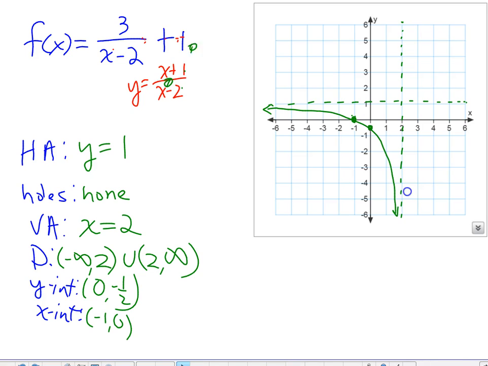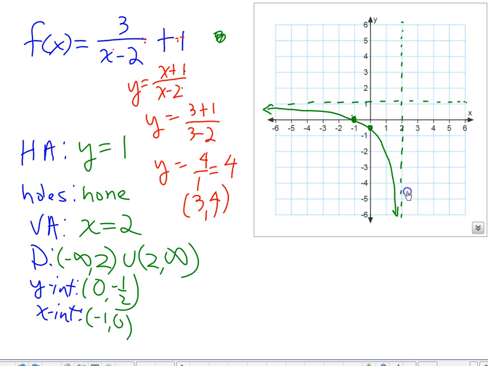Well, let's see what I can choose. I'm going to pick 3. y equals 3 plus 1 over 3 minus 2, which is 4 over 1, so 4. So when x is 3, y is 4 is a point on my graph. So I'm going to go over 3 and up 4.